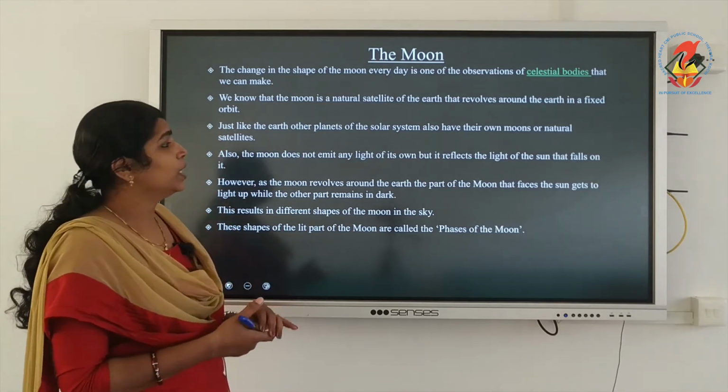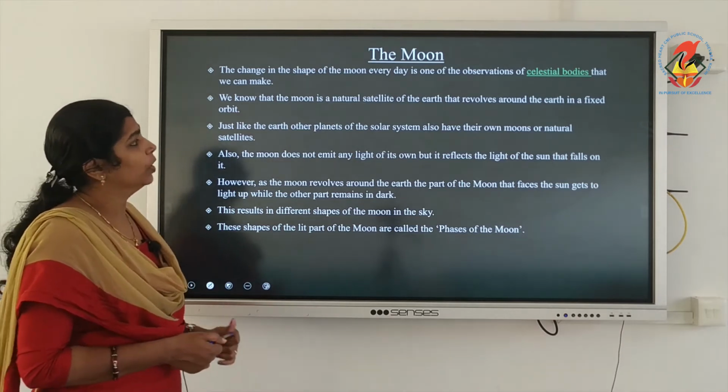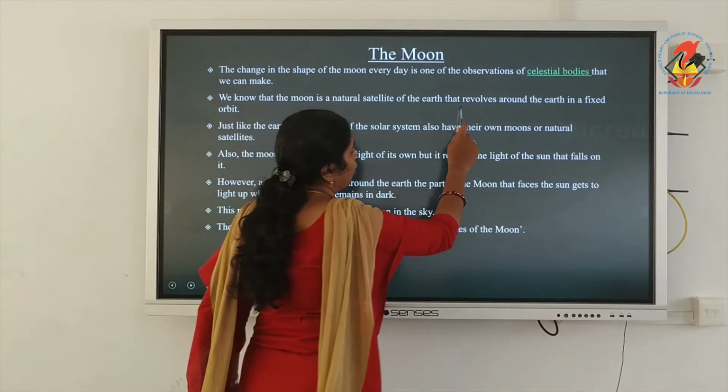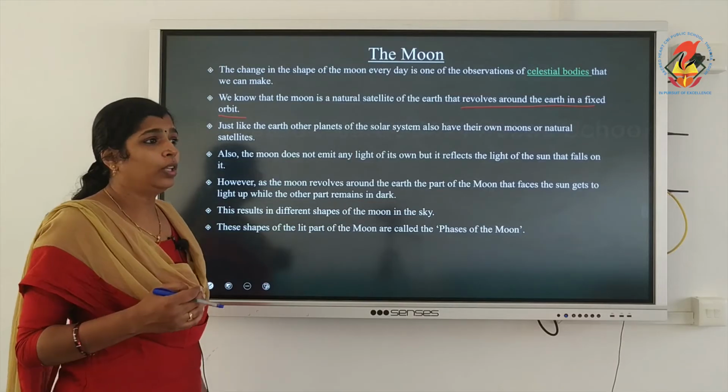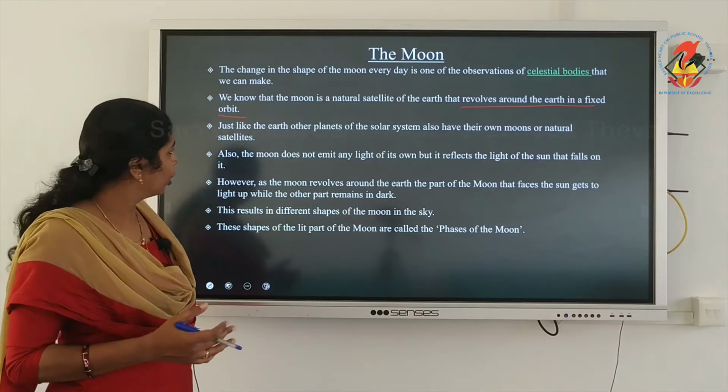We know that the moon is a natural satellite of the earth and revolves around the earth in a fixed orbit. Only one natural satellite belongs to our earth, that is the moon, and it revolves around the earth in a fixed orbit.